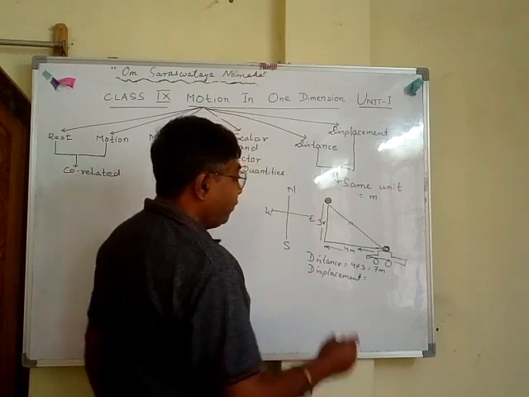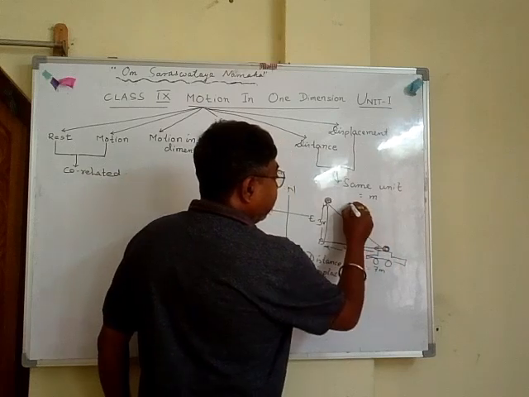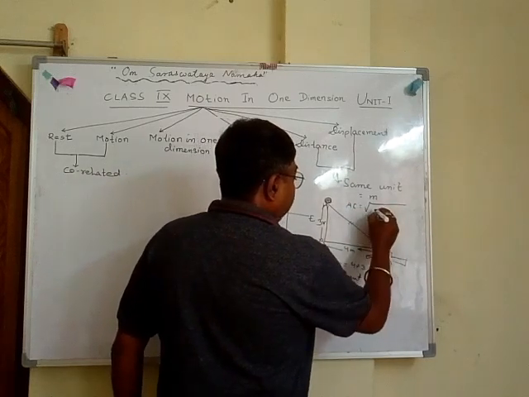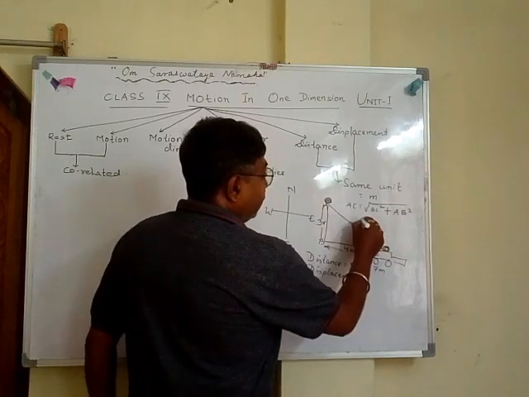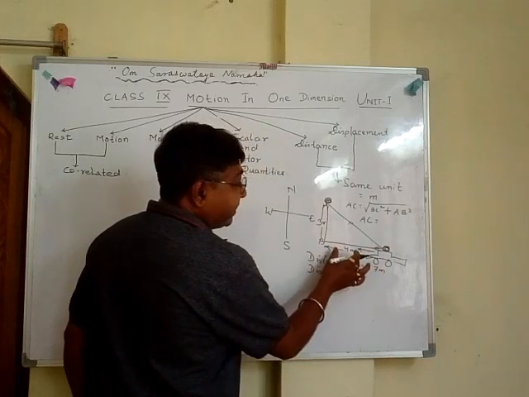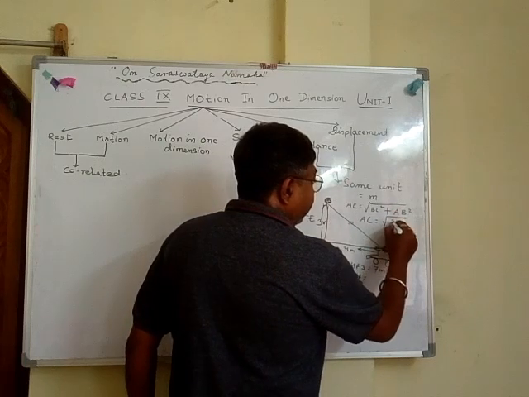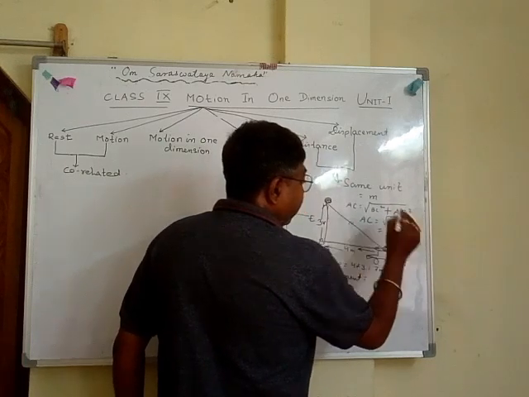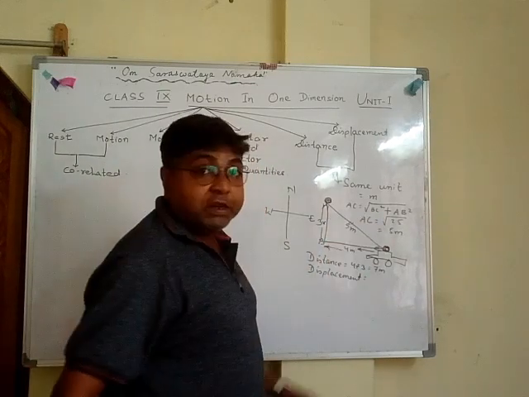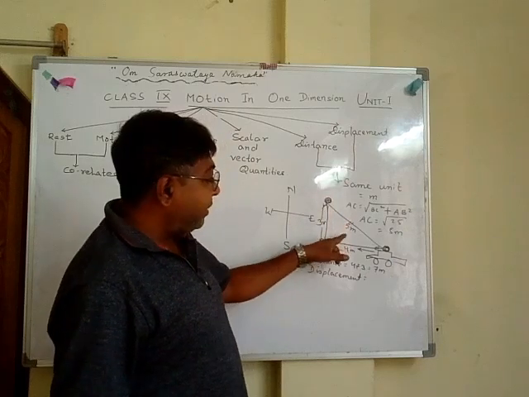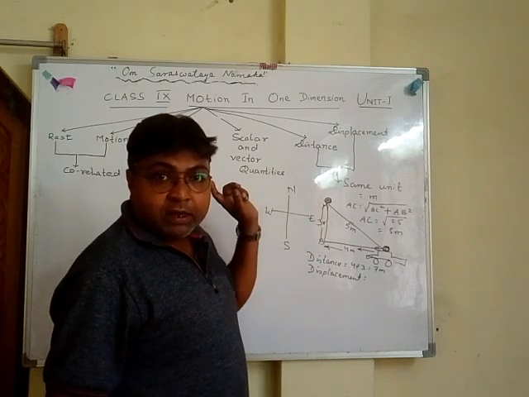By Pythagoras theorem, suppose if I give it the names A, B and C, then AC will be square root of BC square plus AB square, which is BC square is 16, AB square is 9, which is 25, and square root of 25 will be 5 meter. So the shortest distance is nothing but 5 meter. So 5 meter will be the displacement, the shortest distance covered by the body.